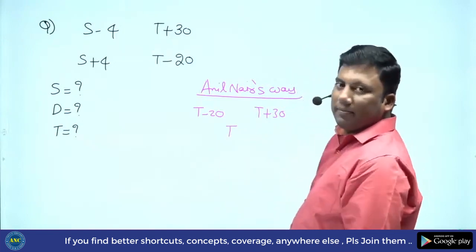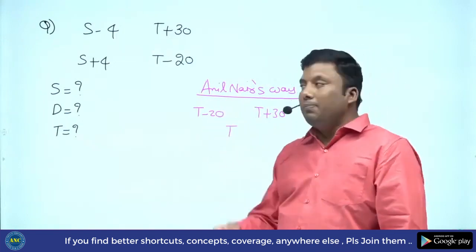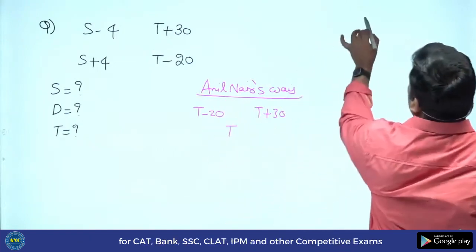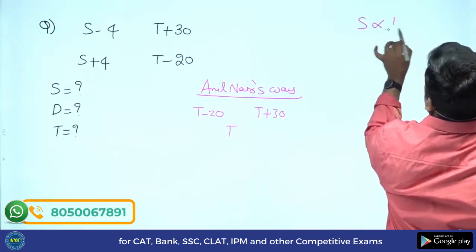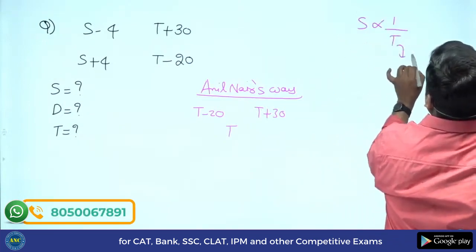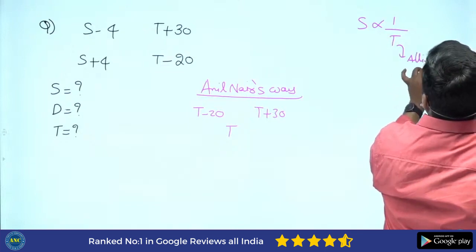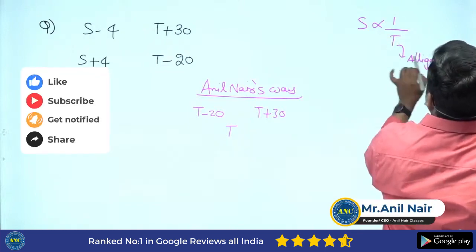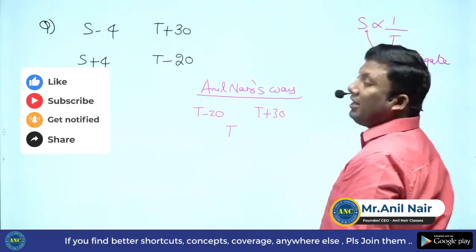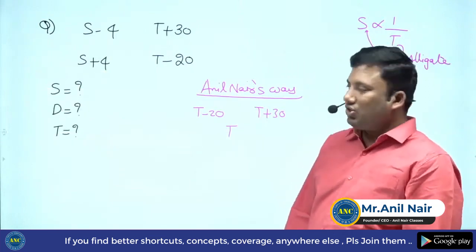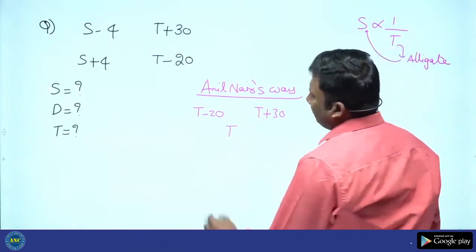The exact time is T. If I allocate time periods, what did we discuss right now? Speed is inversely proportional to time. If I allocate time periods, I will get the ratio of speeds. If I allocate speed, I will get the ratio of time periods.